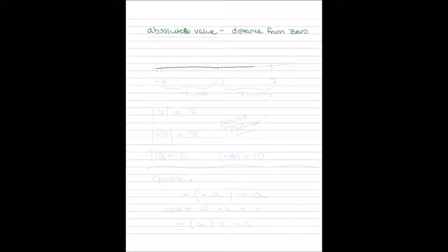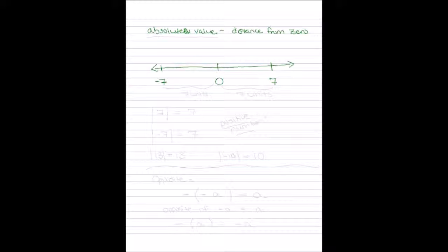So if I had my number line here, and let's say I have 0 in the middle, I could go in the right direction and put a 7 here, or I can go in the left direction and put a -7 here. This is how they would appear on the number line.